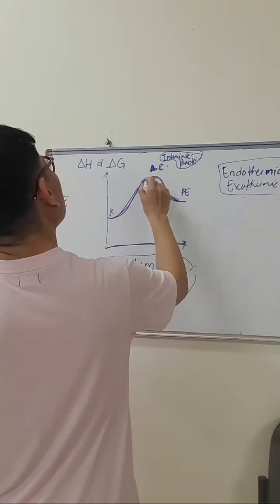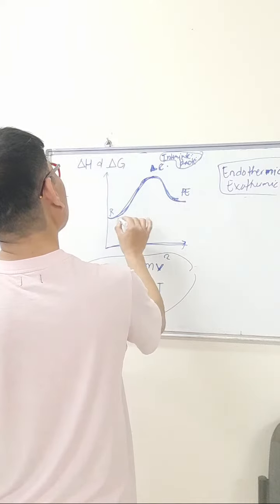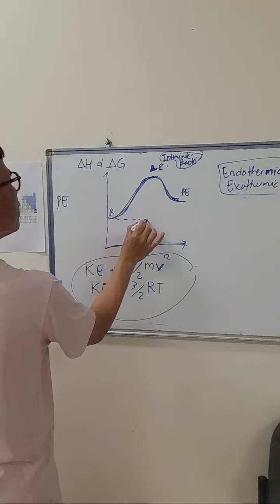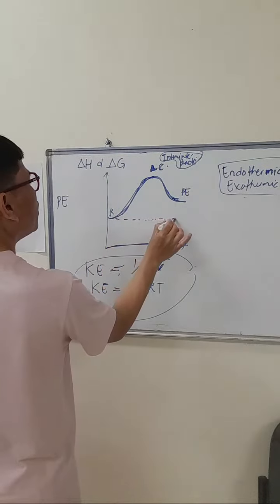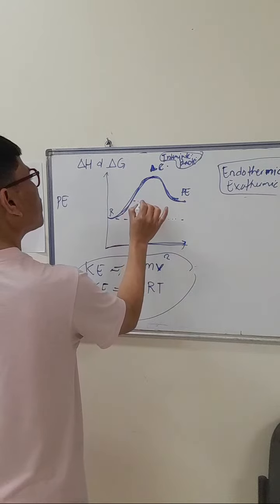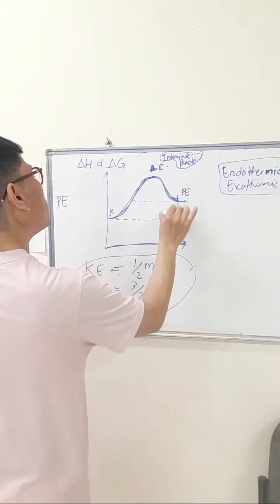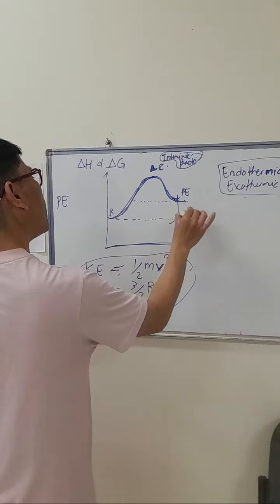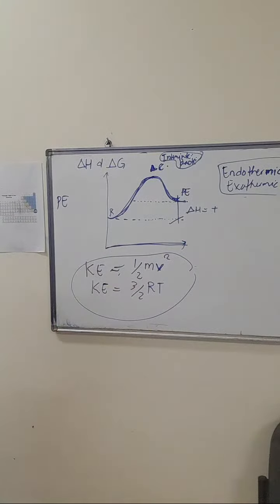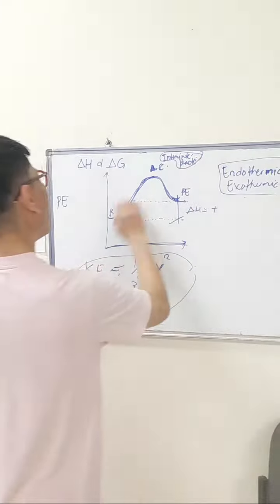So, ang imong ano niya, delta H, asa man ka mag-measure sa delta H. So, you should draw an imaginary line. Ganon. And then, this is for the R. And there is a ganon. And then, the vertical part here will be your delta H, positive. Ganon. Okay, the difference between the potential energy of the product and the reactant.